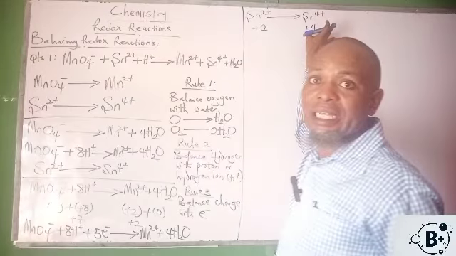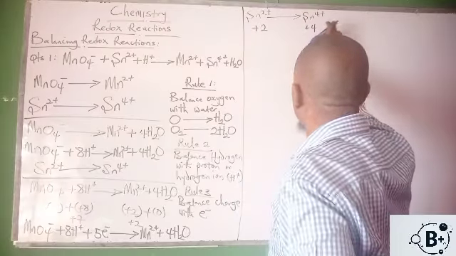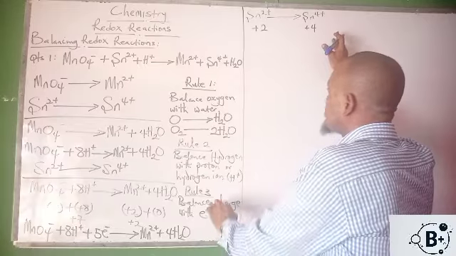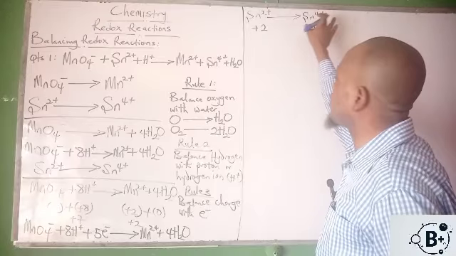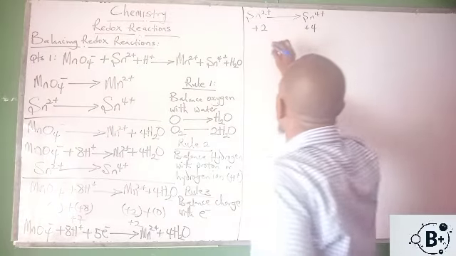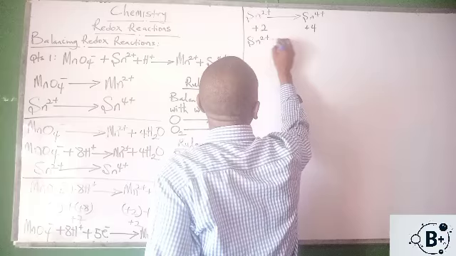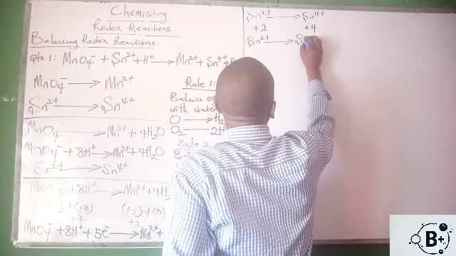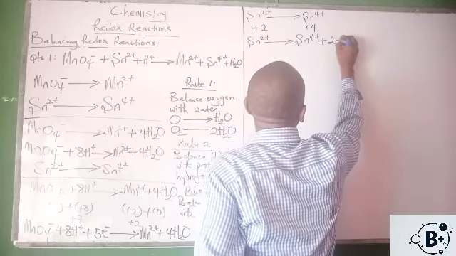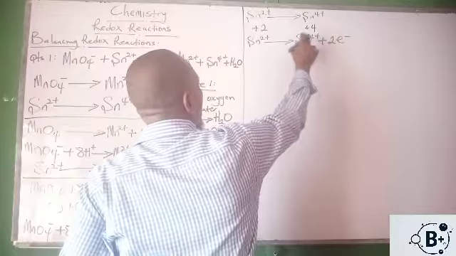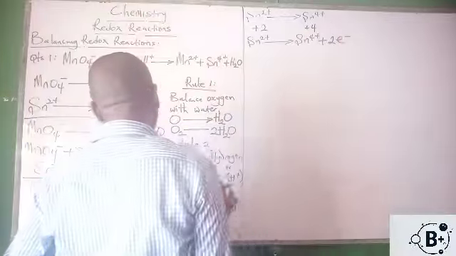So the right hand side is larger than the left hand side. According to rule 3, we balance the charge with e-, so we are going to remove the charge from this side. We write Sn2+ giving us Sn4+ plus 2e-. So 4 minus 2 will be 2, plus 2 equals plus 2. That is how it is written.